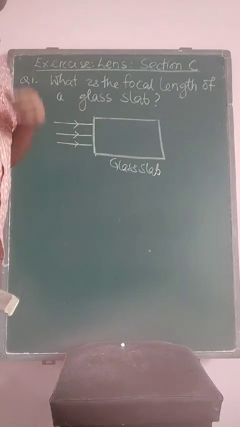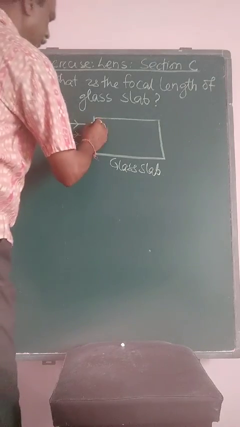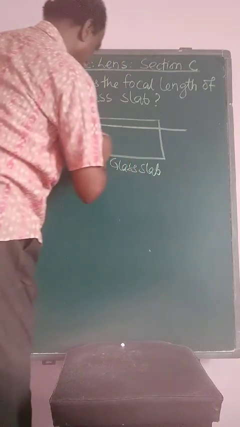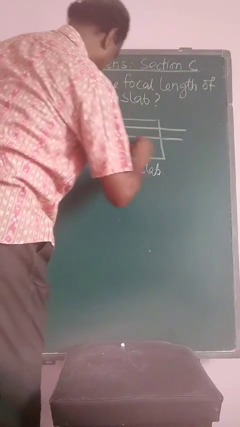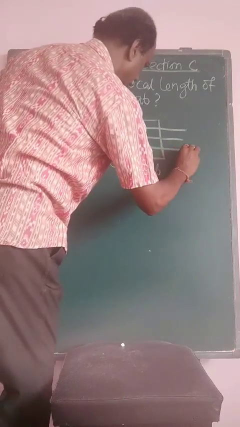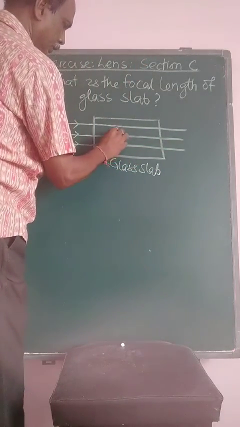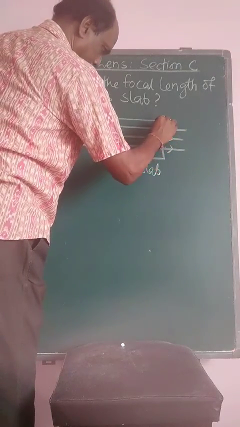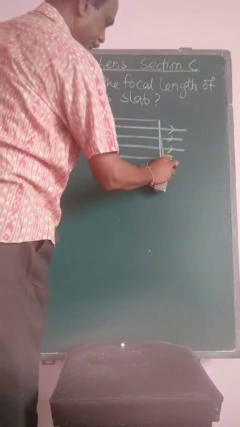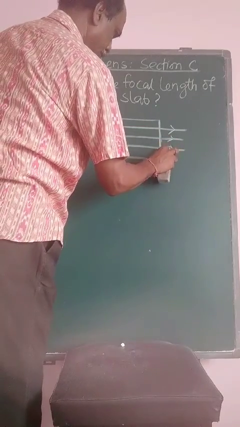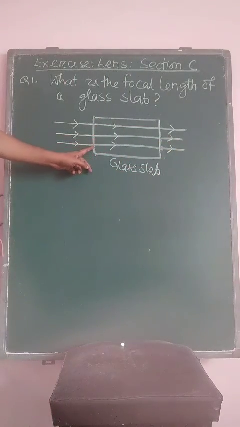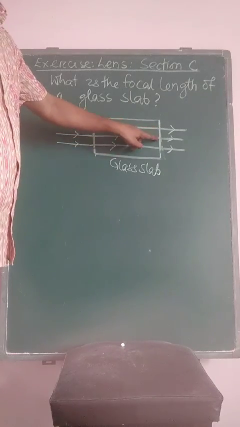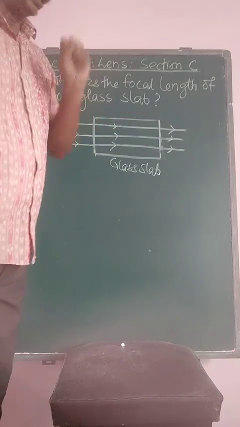When a ray is incident normally, the rays are transmitted without deviation and pass undeviated. Here rays are incident normally, so they pass undeviated. Again, they are incident here normally, pass undeviated.